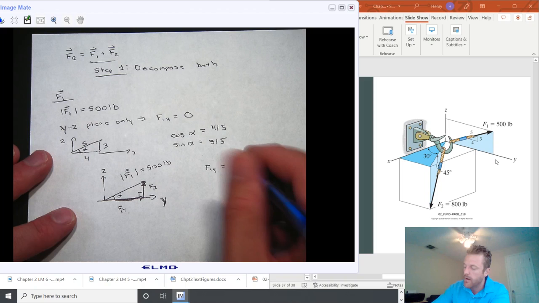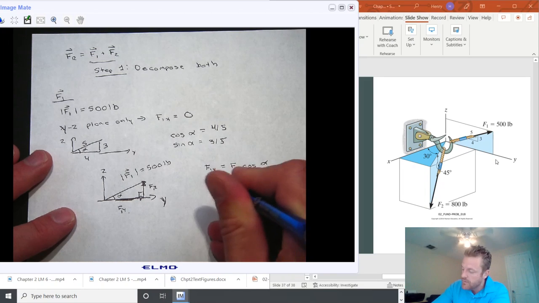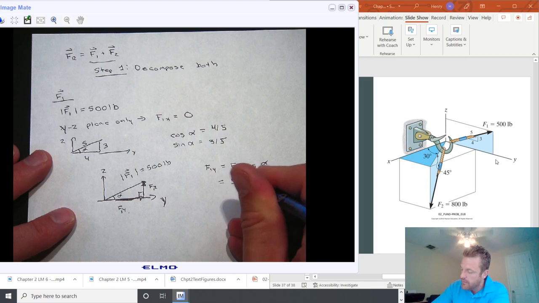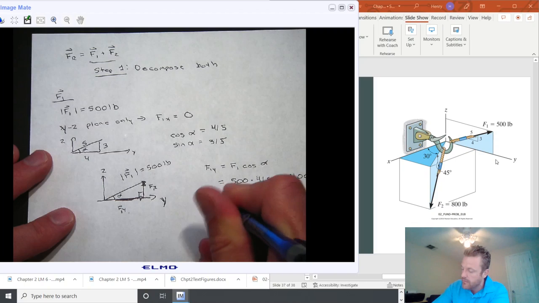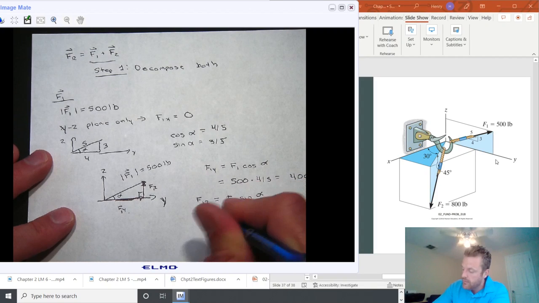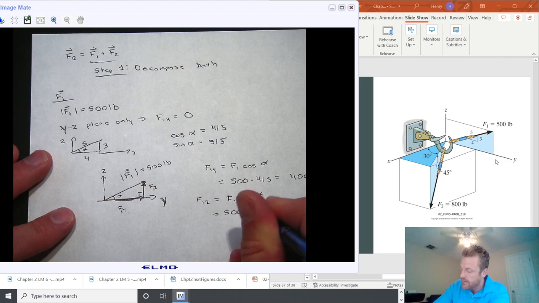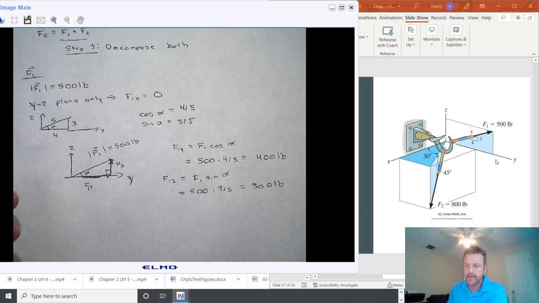So that means that F1y is just F1 times cos alpha, which is just going to be 500 times 4/5, or 400 pounds. And in a similar fashion, F1z is just going to be F1 sine alpha, which is just going to be 500 times 3/5, or 300 pounds. And notice I don't need any sign corrections there because, sorry, a little bit out of scope.